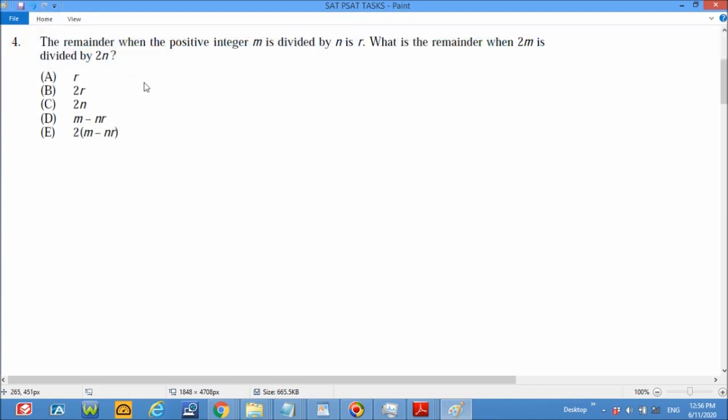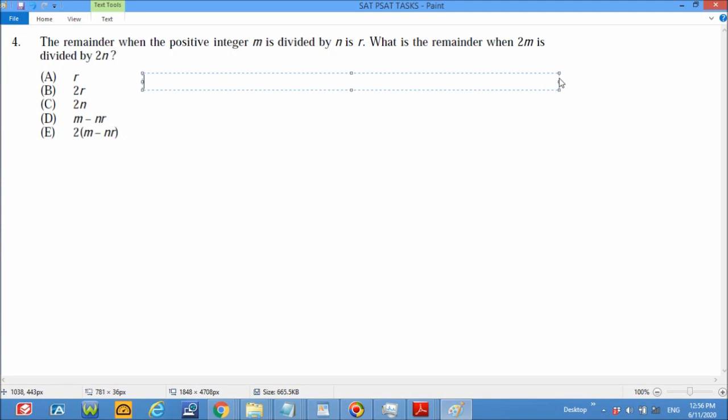So for example, and of course I will take the simplest one, I want to divide 5 by 2, and we have 2 and a half.